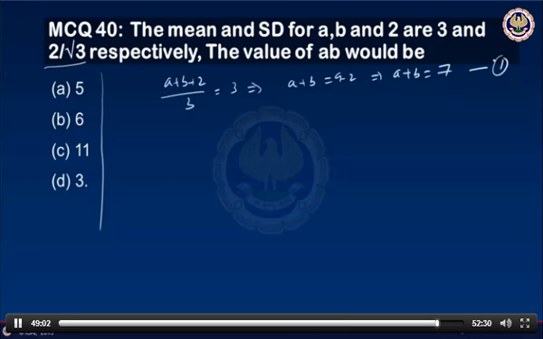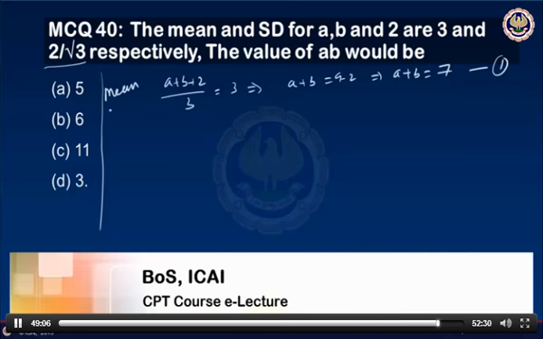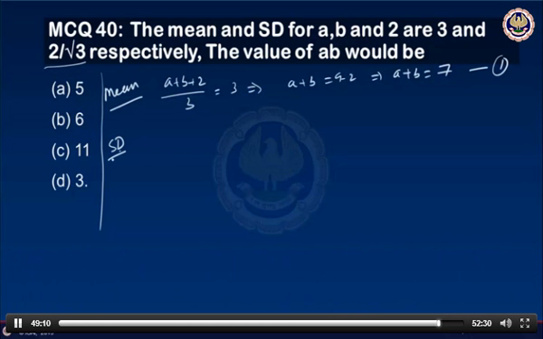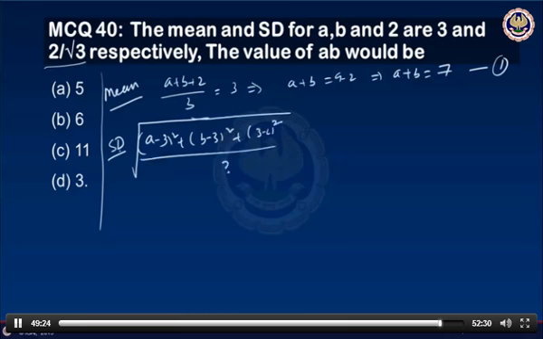This is the first result, based on the mean formula. Next we have to use the given SD. The SD formula is a minus 3 whole square plus b minus 3 whole square plus 2 minus 3 whole square, by 3, which is equal to 2 by root 3.